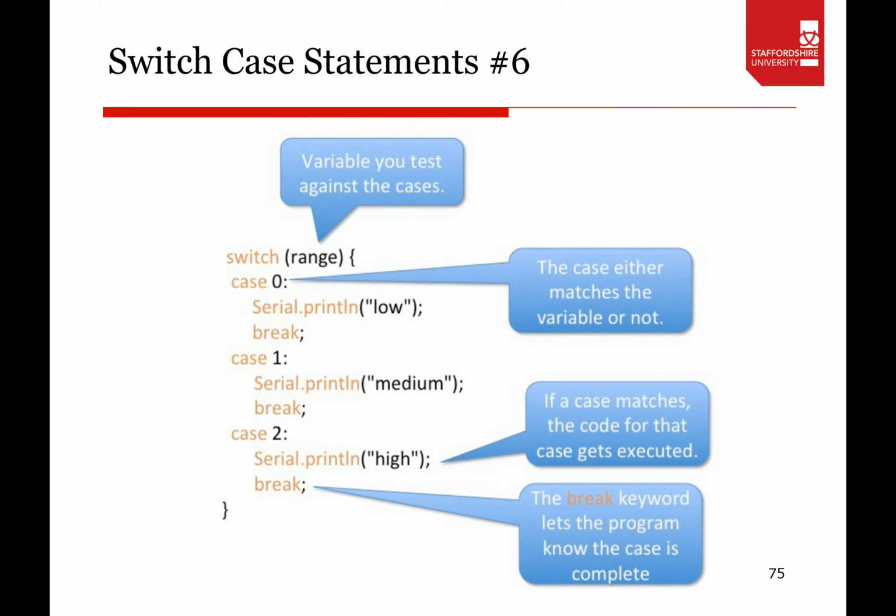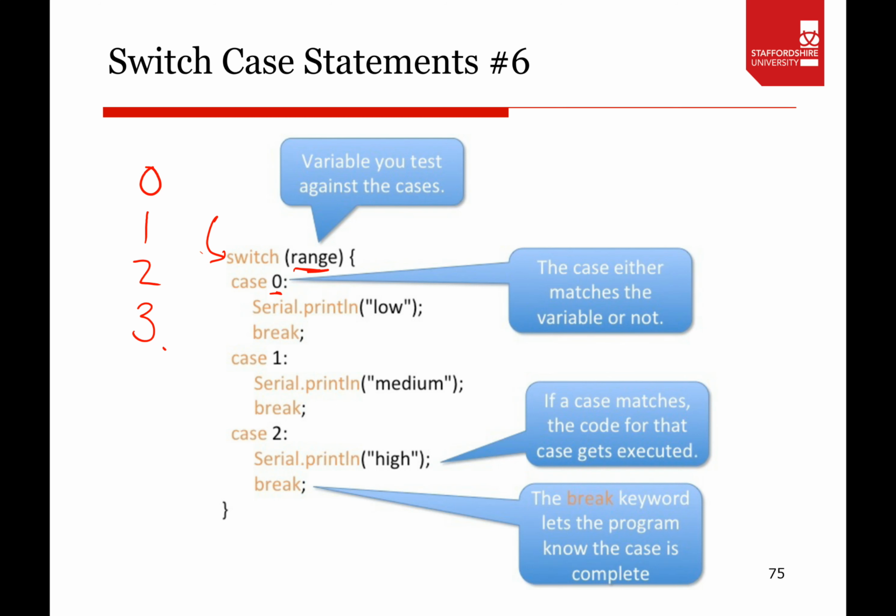So it's either going to be 0, 1, 2, or 3. So if we say switch range, then if it is 0, we can say case 0. So range is the variable we want to test against each of the cases.